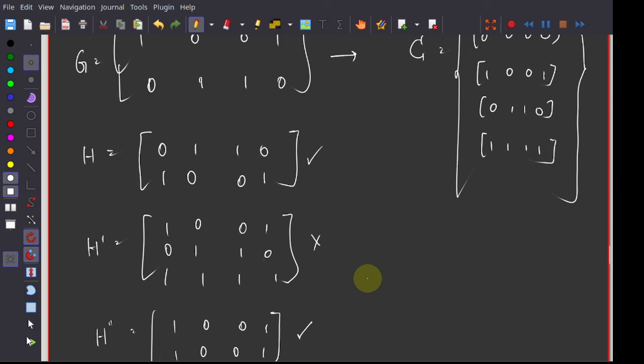Okay, how many of you say that H double prime is a parity check matrix? Yes. How many say yes? Okay, how many say no? It is not a parity check. Okay, why?